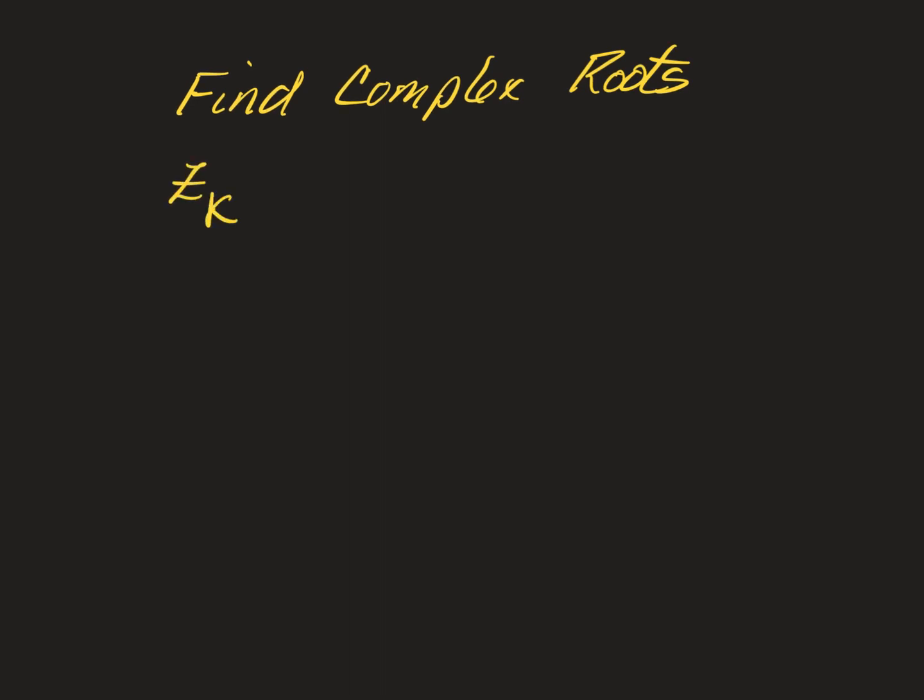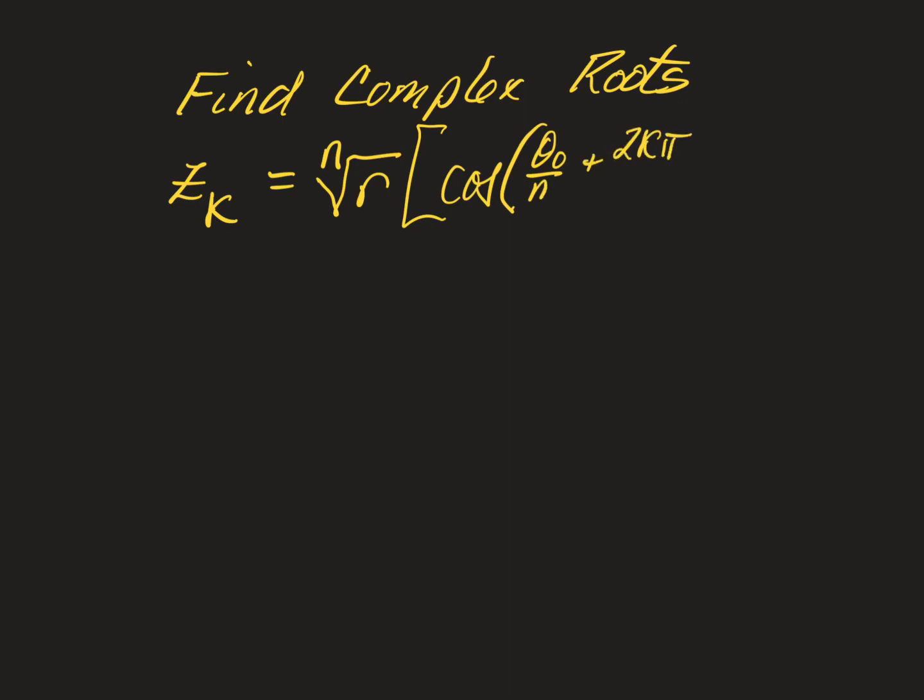Z sub k, and I'll tell you what that means in a minute, is equal to the nth root of r times cosine of theta sub 0 over n plus 2k pi over n, plus i sine of theta sub 0 over n plus 2k pi over n.